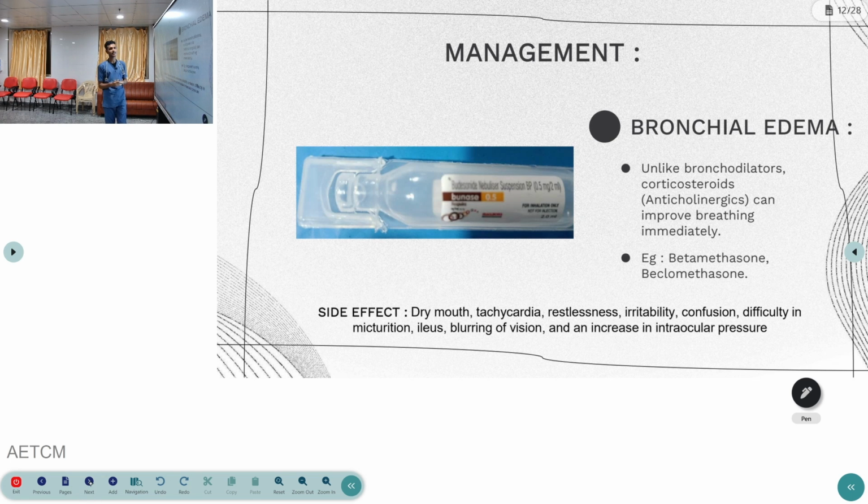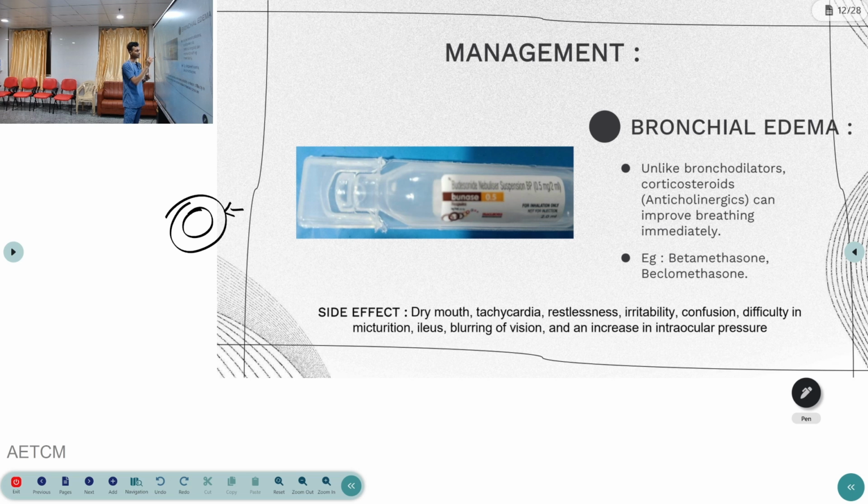Second is bronchial edema. We told that bronchial edema is because of inflammation, so we have to treat with corticosteroids, which are anti-inflammatory drugs. Unlike a bronchodilator, corticosteroids can improve breathing. Why? Bronchospasm happens on the outside because of muscle contraction.